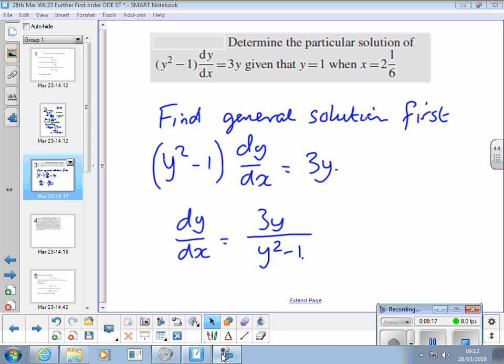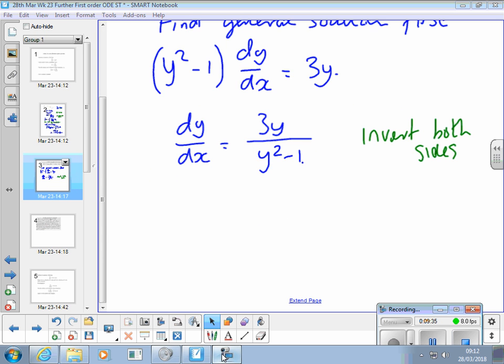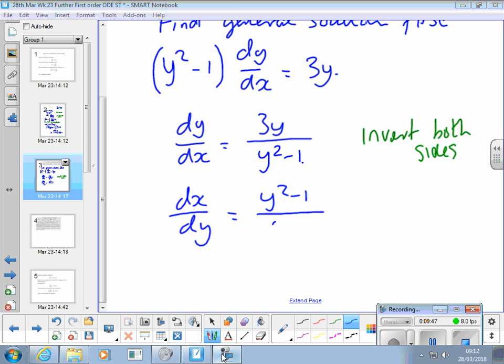You're saying the right thing, but the easiest way is to invert both sides. It's going to bring dx up the top where we want it. So we can go dx over dy is equal to y squared minus 1 over 3y.